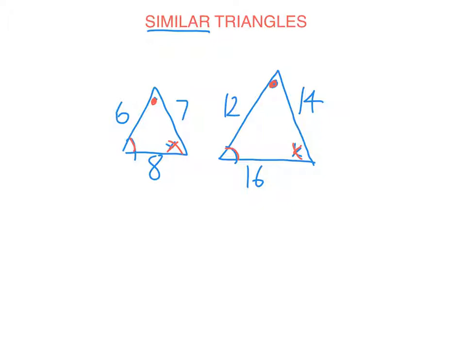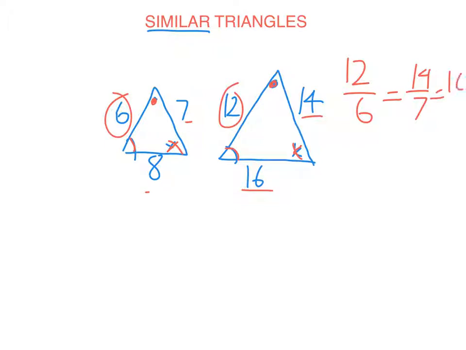The lengths of the sides are not equal, but they're in proportion because 12 over 6, so this side corresponds to this side, is the same as this side divided by this side, 14 over 7, and that's also the same as 16 divided by 8. All of them are equal to 2. So these triangles have all angles equal, and they have sides in proportion.